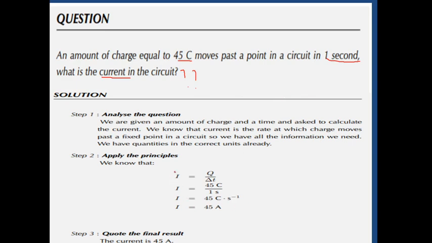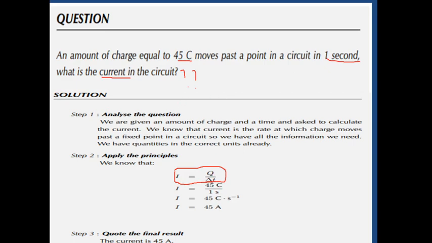So now we need to calculate the current, and we know that current is always represented with I, and it is the charge over the time, which is always measured in seconds. Charge is measured in coulombs. So we just substitute the values that have been given.